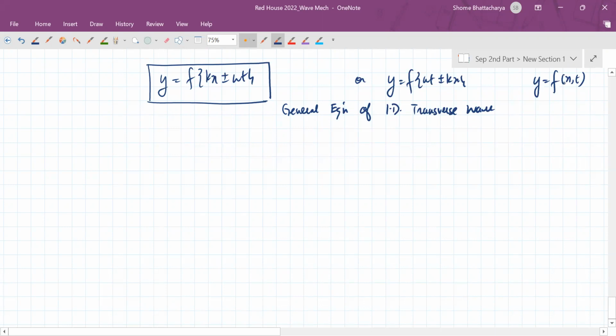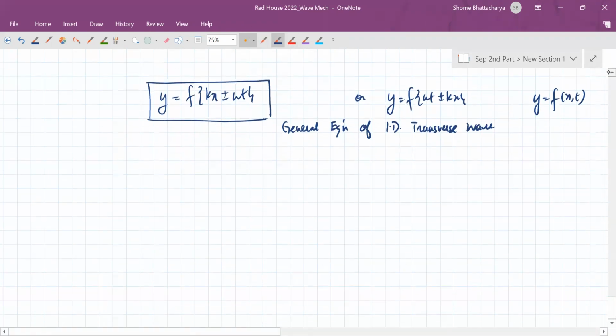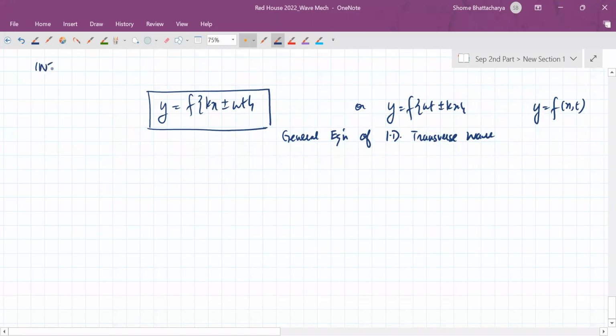The other is not a position parameter. So it's a bit different, and we have to learn to interpret this accordingly. The interpretation is in two ways. So let's discuss the interpretation.